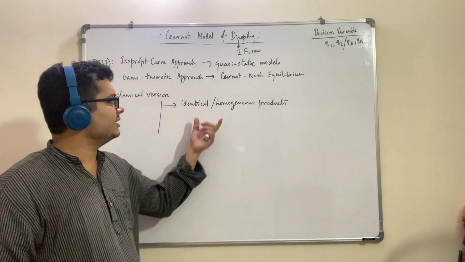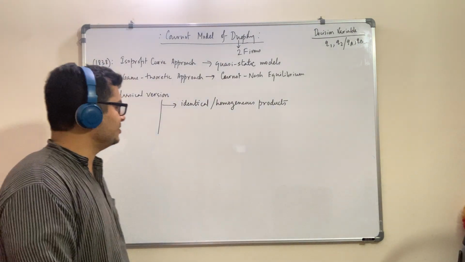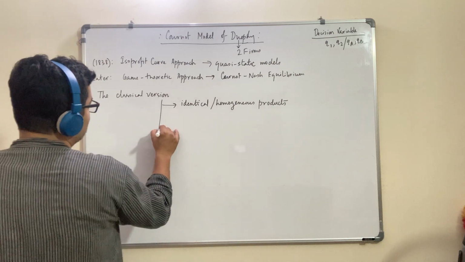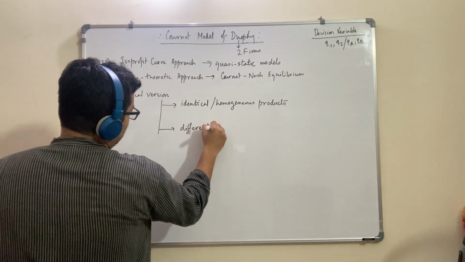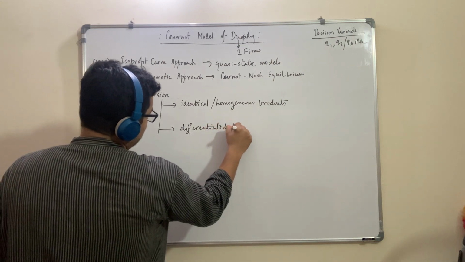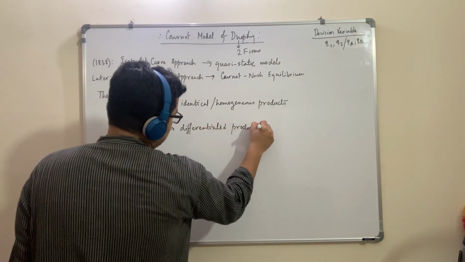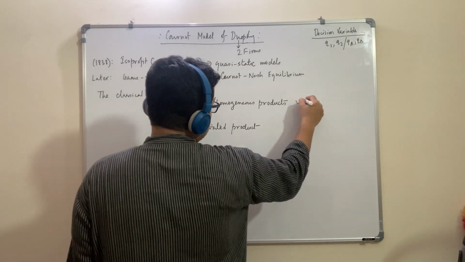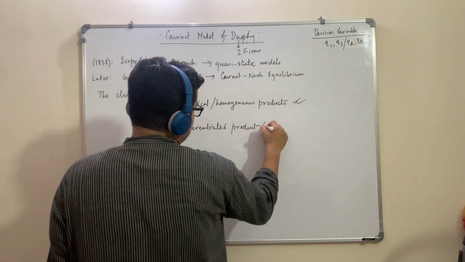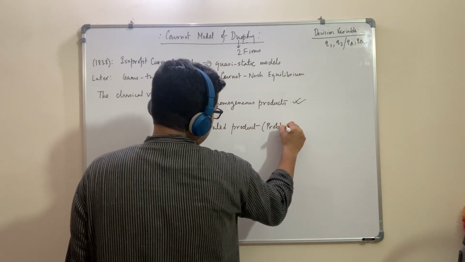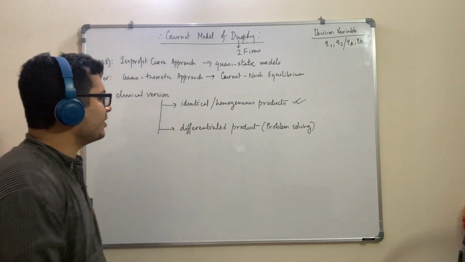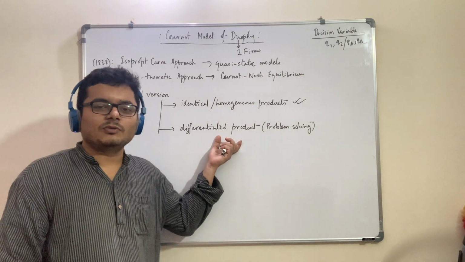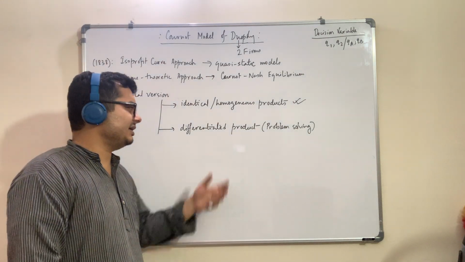But let me tell you that these two words are not really synonymous; they are not the same word. And the other is the differentiated product. For the analysis of the model, we will study the first, and the second one will be taken through problem solving, because the extra component of this is a little bit more calculus. Other than that, everything is the same.